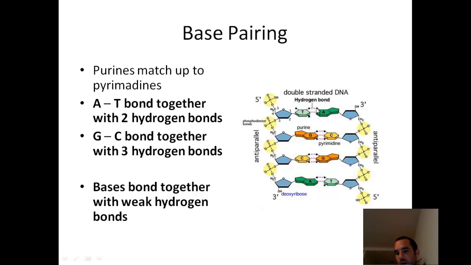The hydrogen bonds can also be opened up, so zipped and unzipped, which allows DNA to open up to allow for copying. If a DNA molecule has more guanine and cytosine, so let's say it's 80% guanine and cytosine, it's going to be held together more tightly at the center. It's going to be more difficult to break that DNA molecule apart than if it's mostly made up of adenine and thymine, where it would only have two hydrogen bonds.